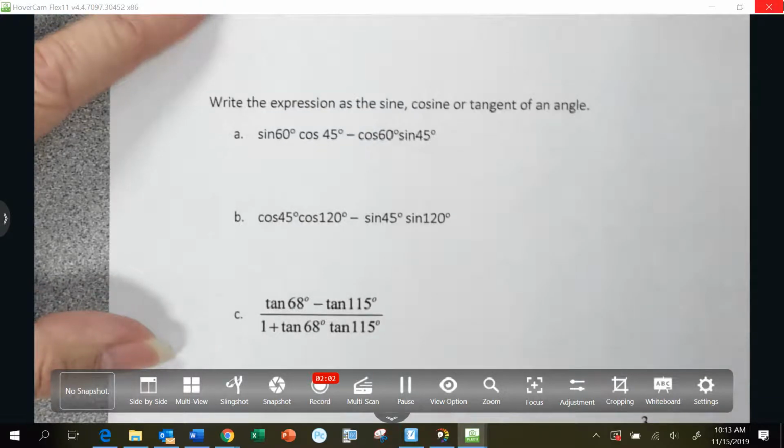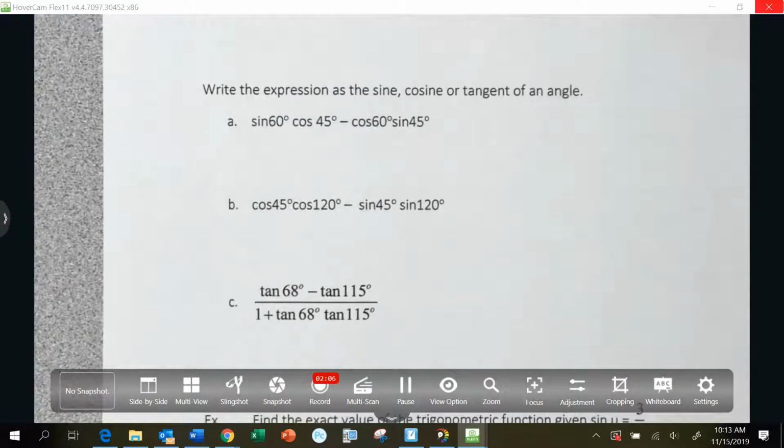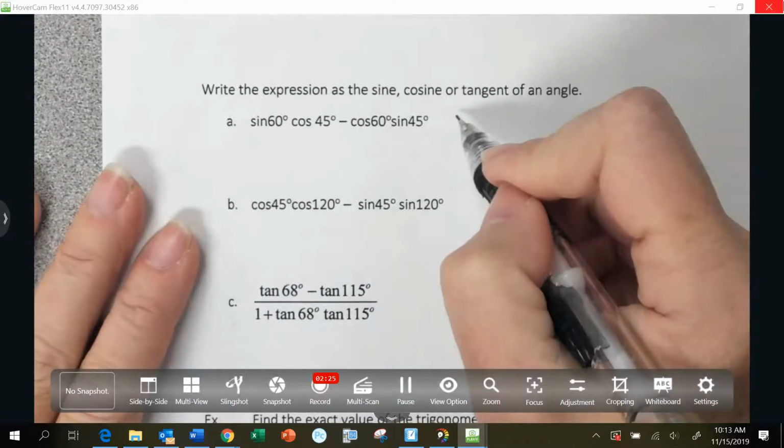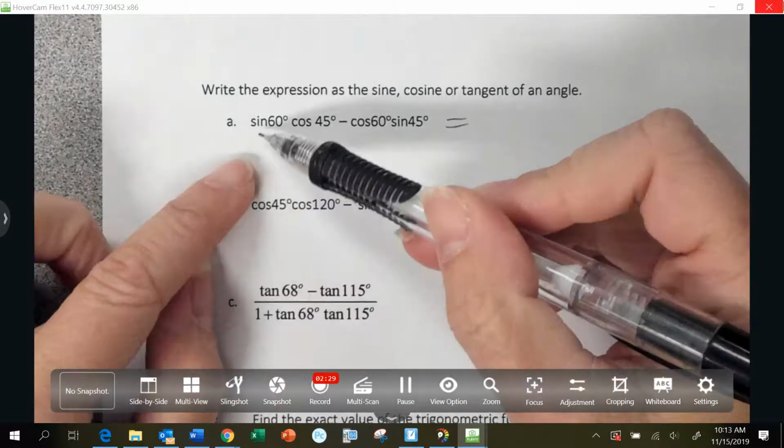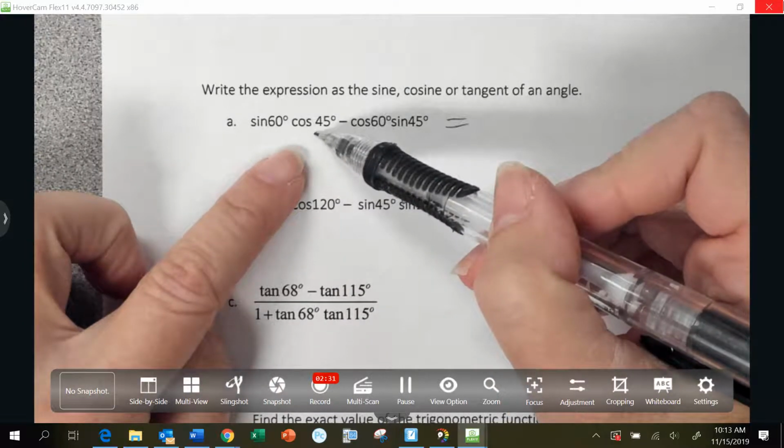All right, the next part you have to do in the homework, but maybe you didn't quite get it. You knew I wasn't going to grade it yet, so if you didn't get this part in the homework, just ask questions, or maybe this will help you figure it out. This says write the expression as the sine, cosine, or tangent of an angle. So we need to look and see which one this formula looks like. I'm going to notice that it is sine, cosine multiplied together, and it's subtraction.